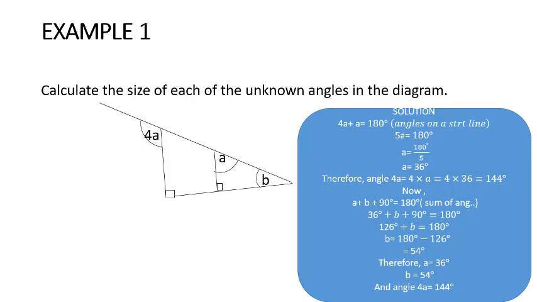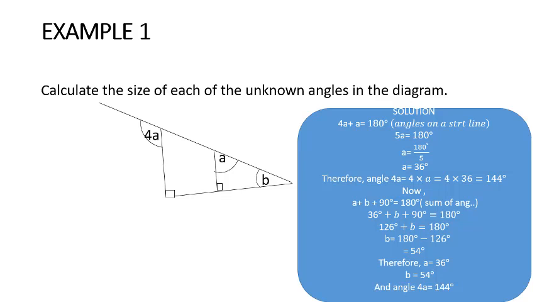Angle 4A is on a straight line with another angle, but that angle is not labeled. If we add angle 4A and that angle, it is equal to 180 degrees. Why? Angles on a straight line.